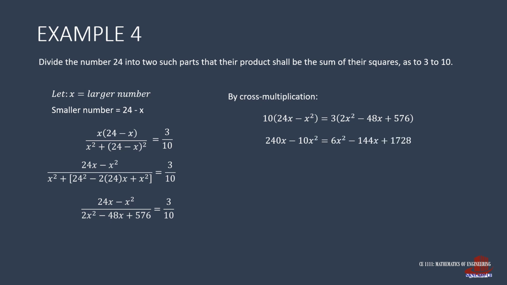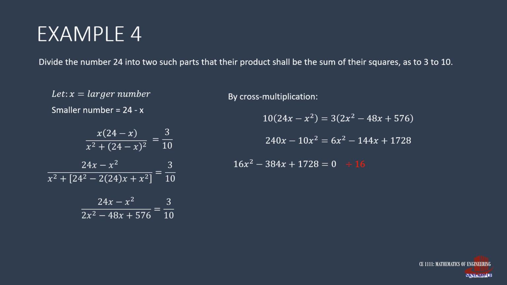Distribute the exterior factors and get 240x minus 10x squared as equal to 6x squared minus 144x plus 1728. Transpose all terms to the left and get 16x squared minus 384x plus 1728 as equal to 0.